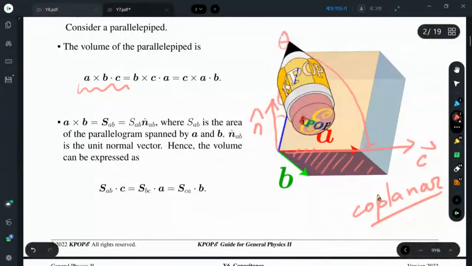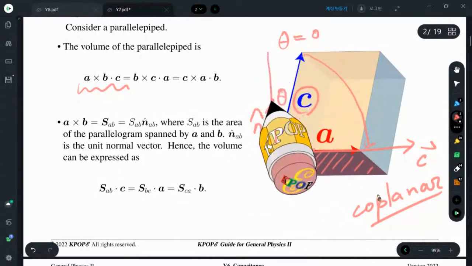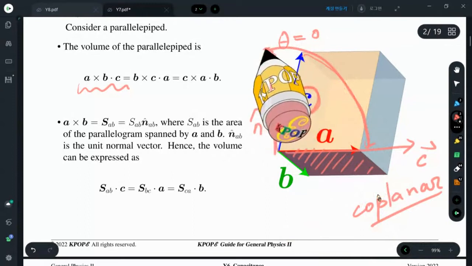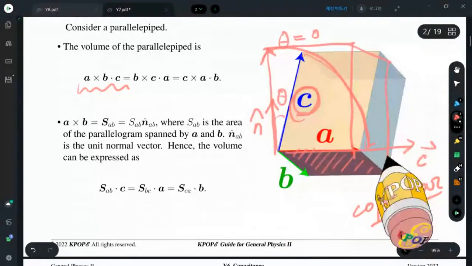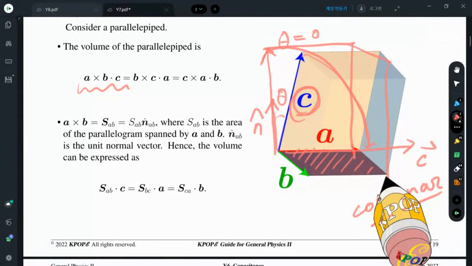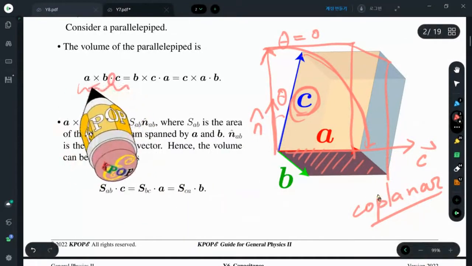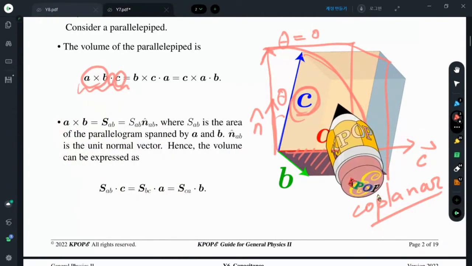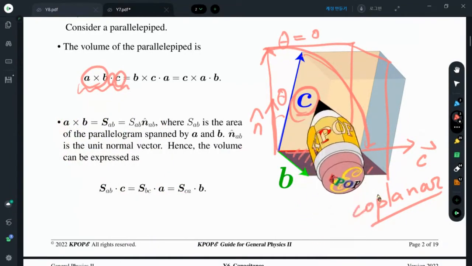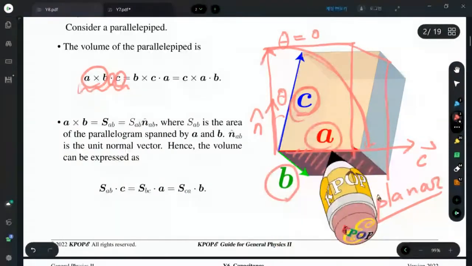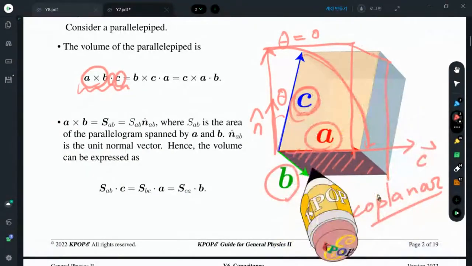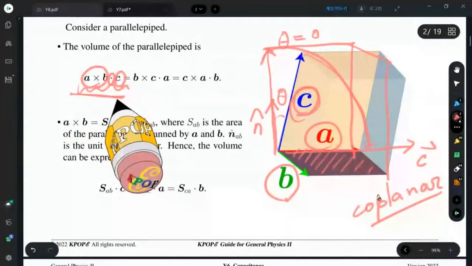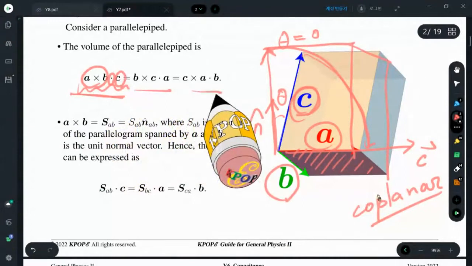When theta becomes 0 with an equal magnitude of C, the volume is maximized because of the scalar product between A cross B and C. In general, regardless of the directions of A, B, and C, the volume of this parallelepiped can always be evaluated in this manner.